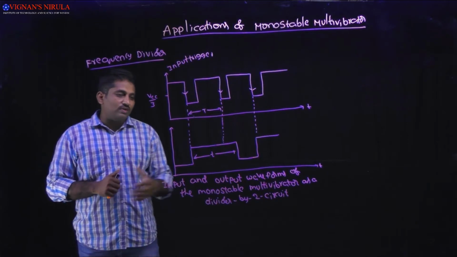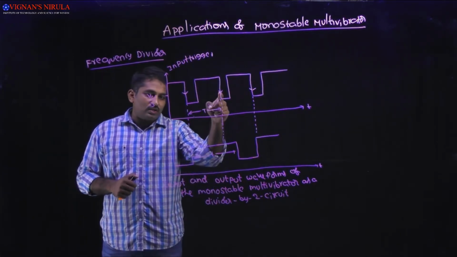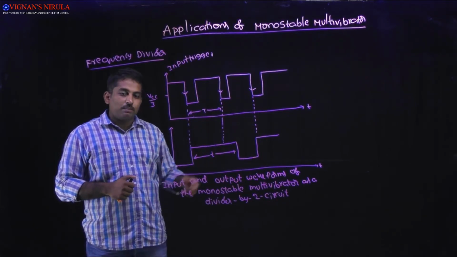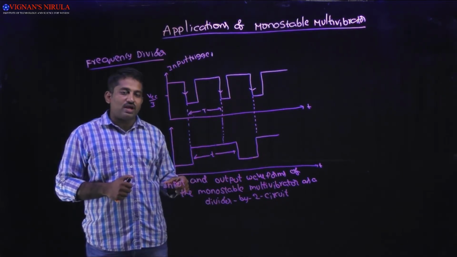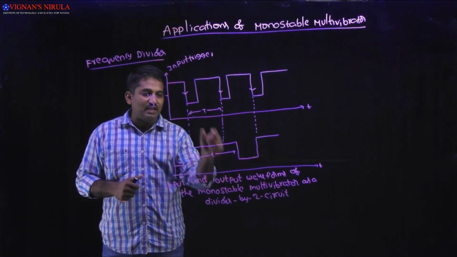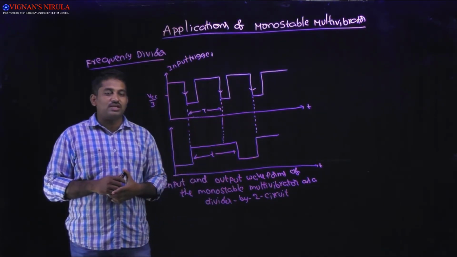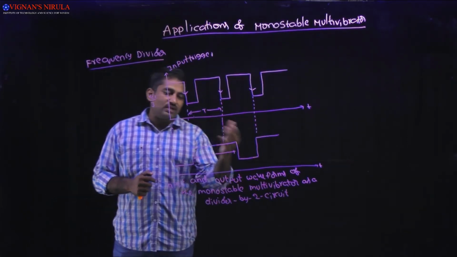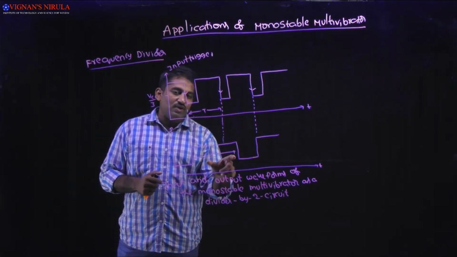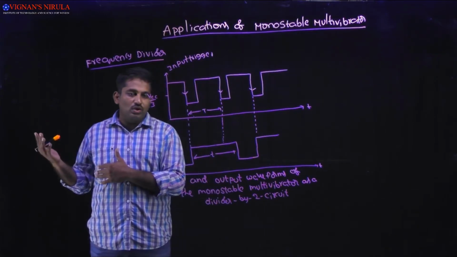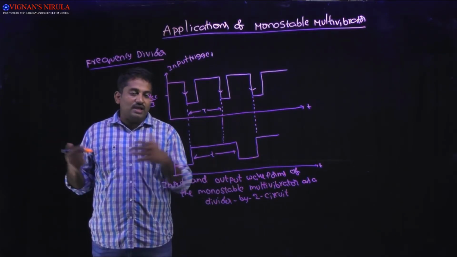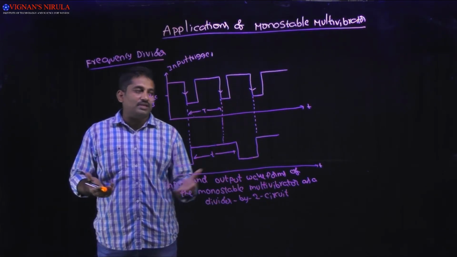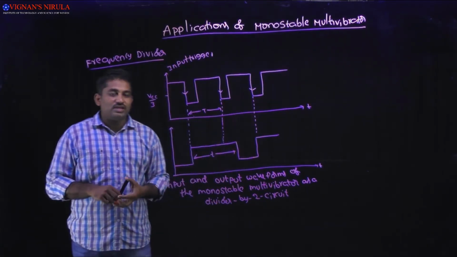Even when the second negative edge triggered pulse comes, because the time interval of the output is greater than the time period of the input signal, it doesn't perform any operation. After completion of this time period, it goes back to its original state, and the monostable multivibrator is operated again at the third negative edge triggered pulse.